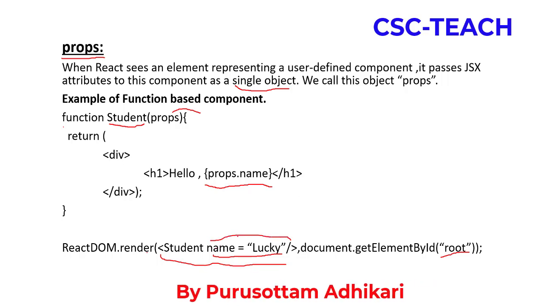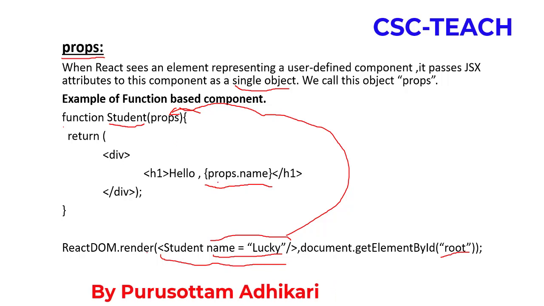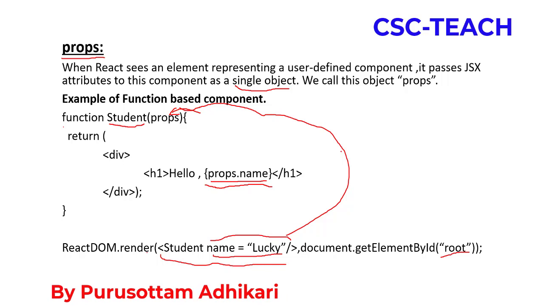If you pass the name attribute in the render method, it goes to props. Then we access that props in the h1, hello props name, and you will get hello lucky. This is the output of this function.